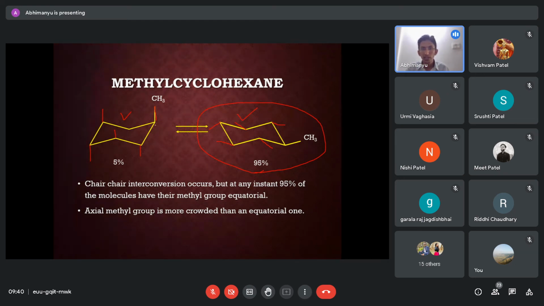So in same molecules you can draw axial as well as equatorial bond. So here methyl is oriented at equatorial position.